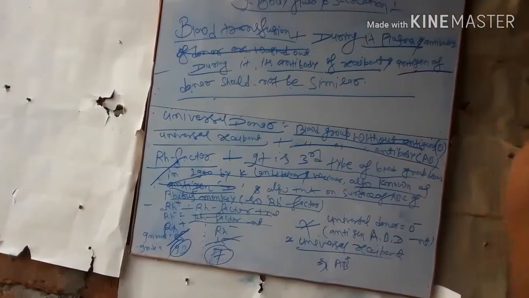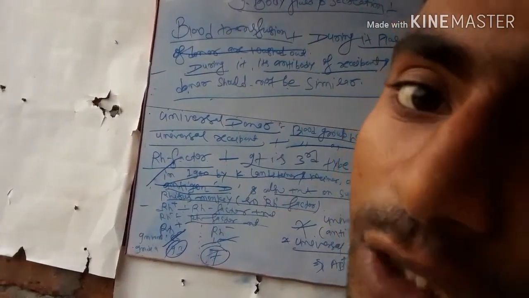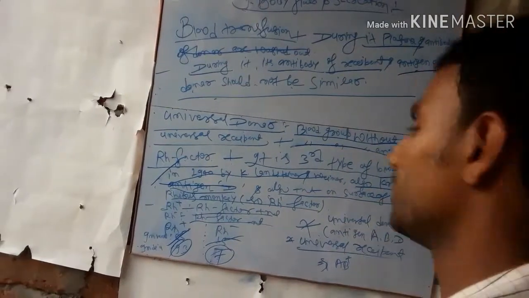By this we can understand that the universal donor is O negative.